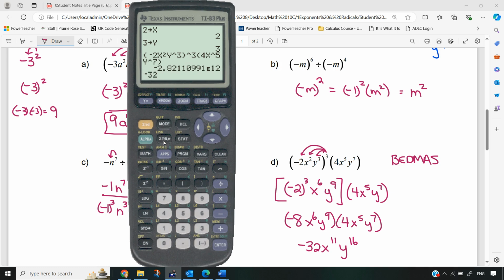So -32 x to the exponent 11 times y to the exponent 16. Now, this is expressing my answer in scientific notation, so that means -2.82 times 10 to the 12. That e means times 10 to. It really doesn't matter right now about that piece, just recognizing that these two are the same answer. Therefore, I know that I've simplified this correctly.